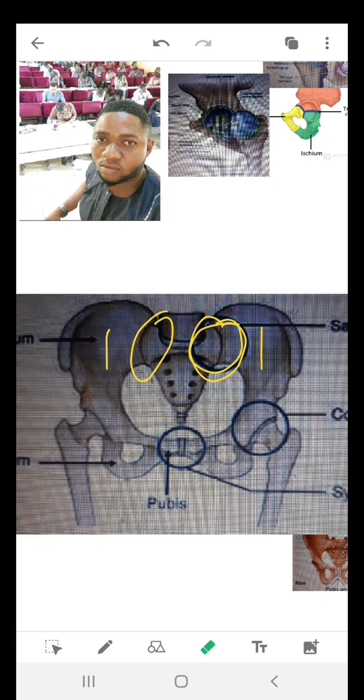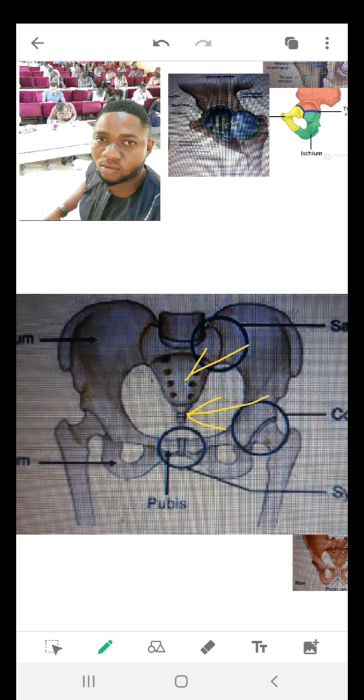Then we also have a joint called the sacrococcygeal joint. It is the joint between the sacrum, this bone here, and the coccyx, this bone here.